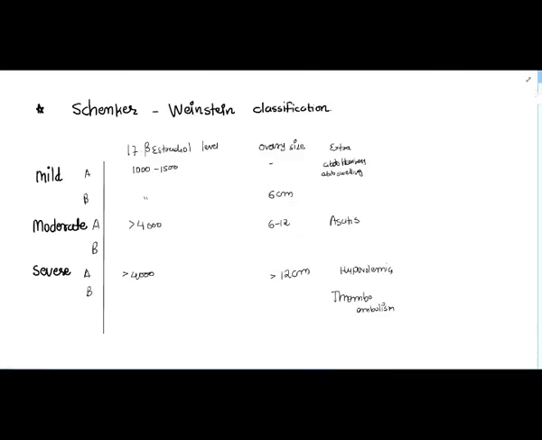There is a classification of OHSS called the Schenker-Weinstein classification. It is divided into 3: mild, moderate and severe. In mild OHSS, there will be symptoms like weight gain, abdominal heaviness and swelling.